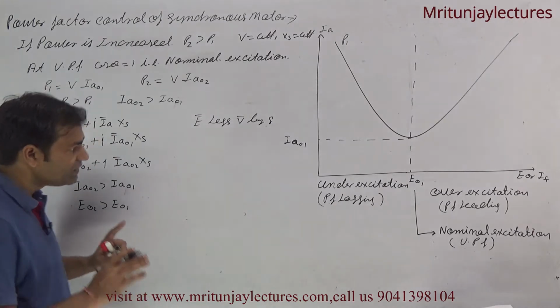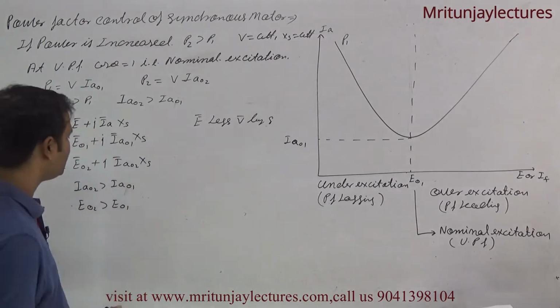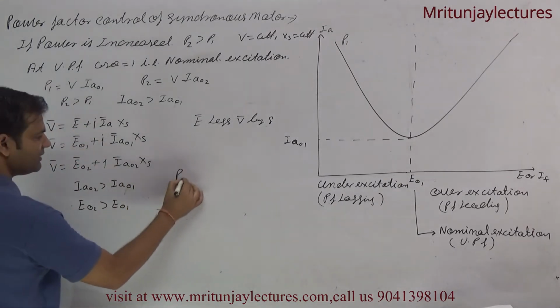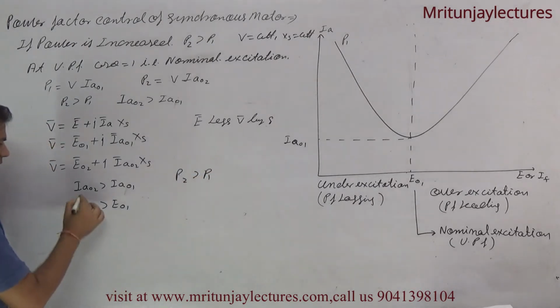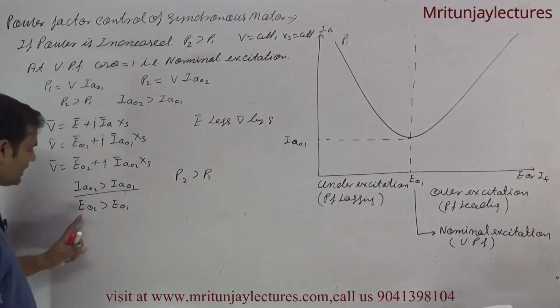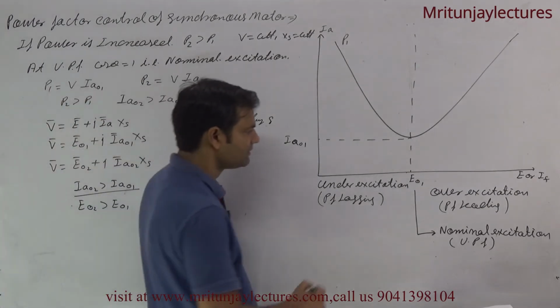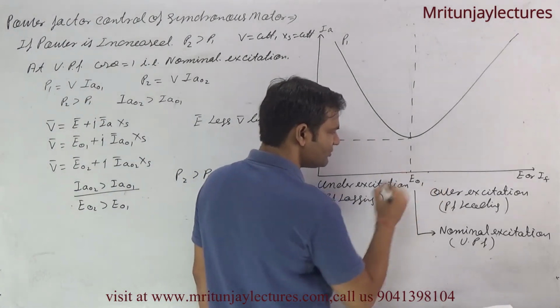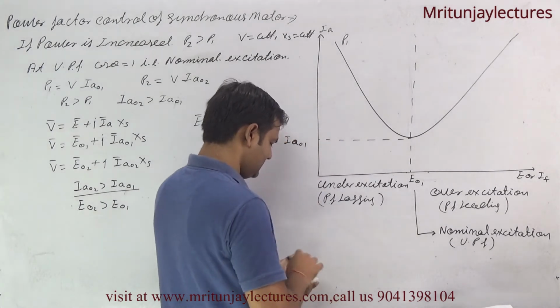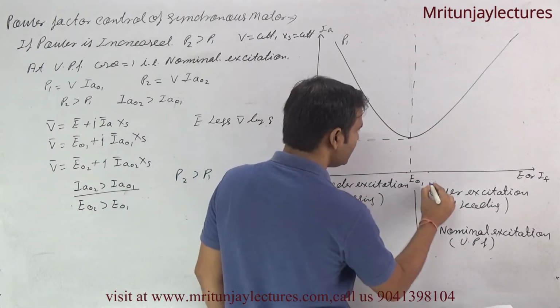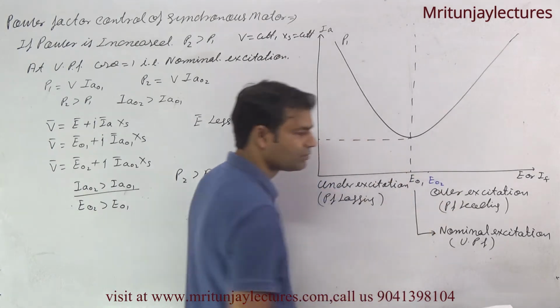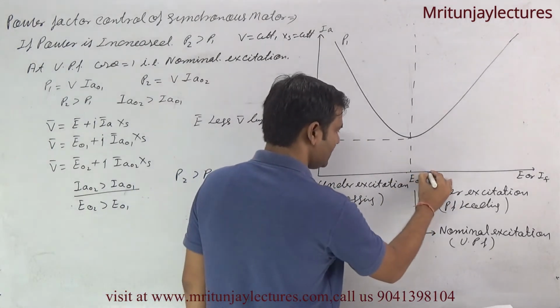If power is changed to P2, which is greater than P1, then the current also changes, and the nominal excitation voltage also changes. If you draw it, that is E02. Clear?